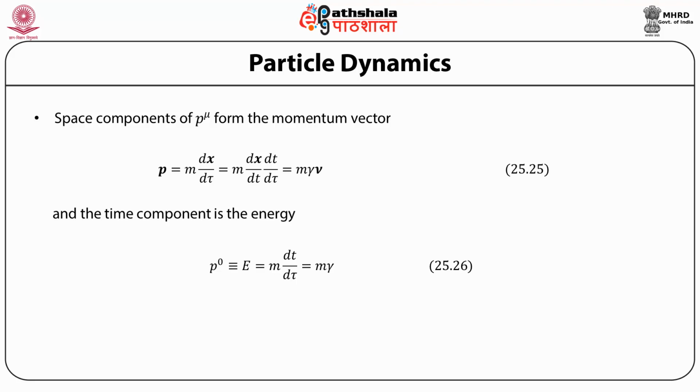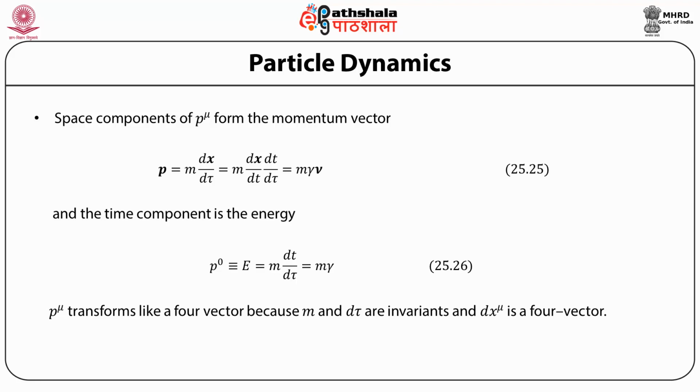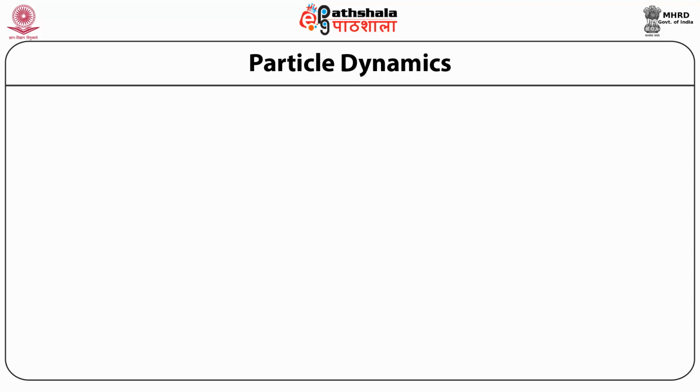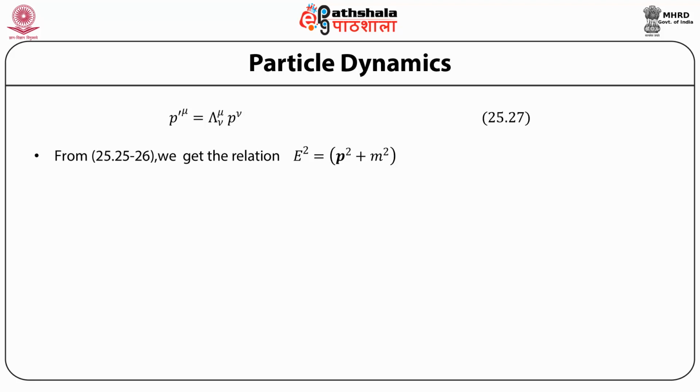Now, the contravariant component p^μ transforms like a 4-vector because m and dτ are invariants and the contravariant component dx^μ is a 4-vector. The contravariant component p'^μ = Λ^μ_ν p^ν. From equations 25.25 to 25.26, we get the relation E² = p² + m².